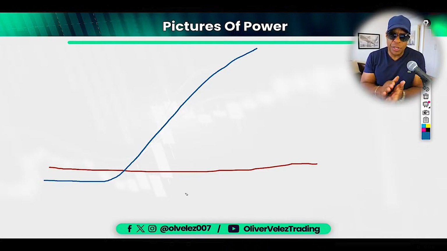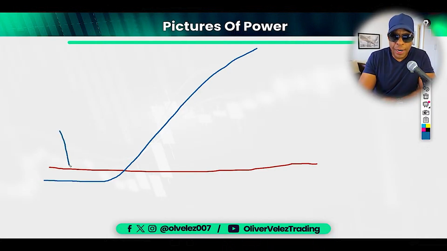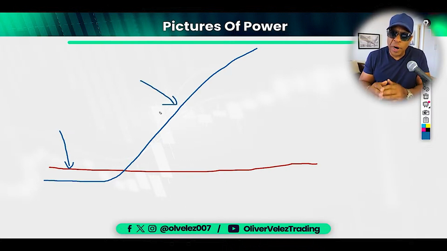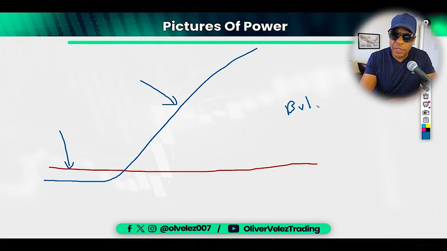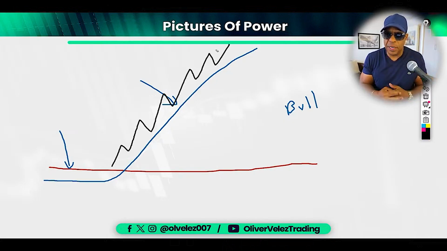This picture that you see right here, where you started flattish and then went to a trending nature where the 20 is separating itself from its parent, 200, is called the bull picture of power. Okay? Now, your stock, of course, is above them all. That is the picture of power.